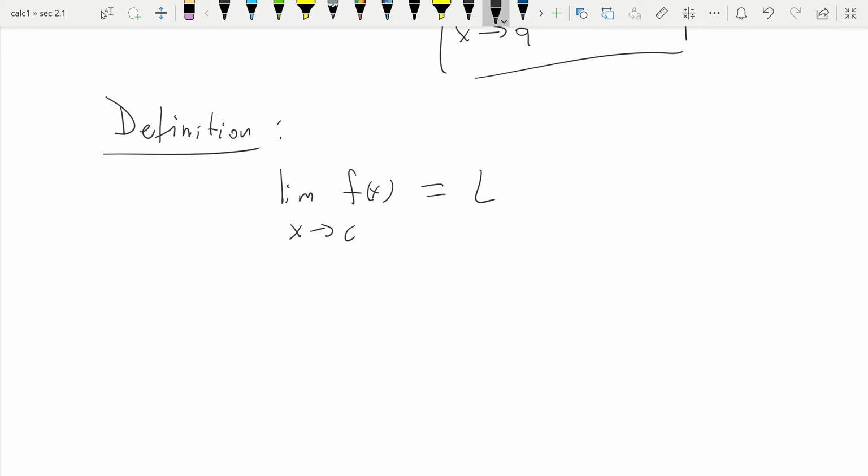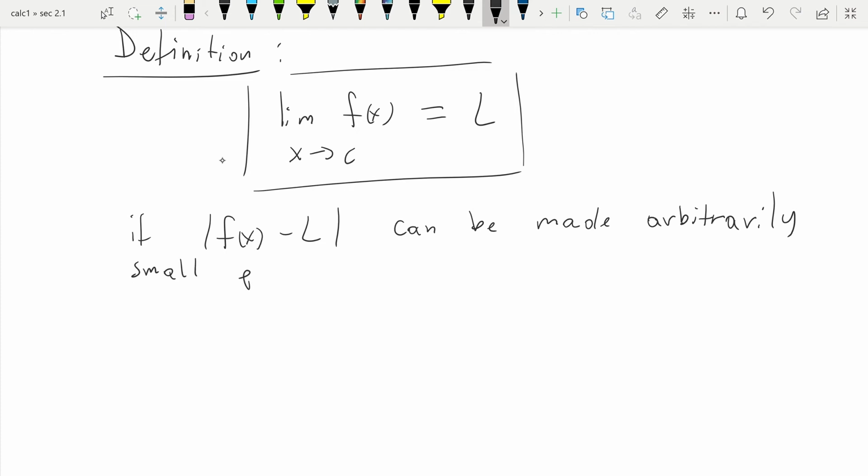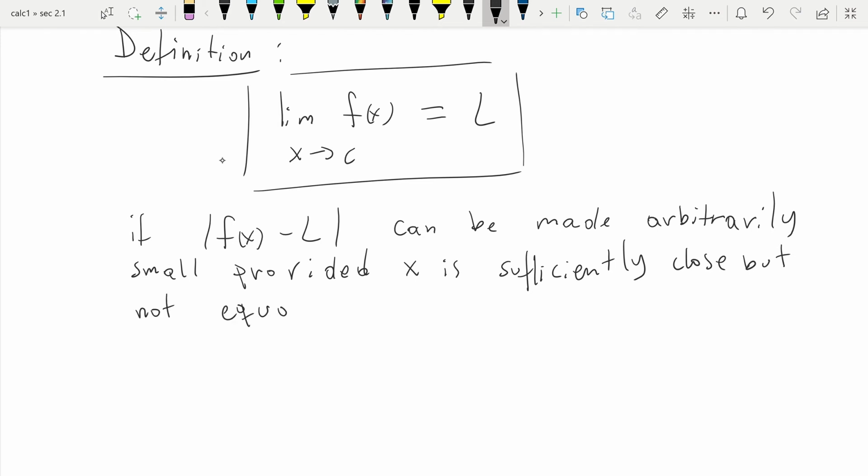The limit of f of x as x approaches c is equal to L. We write this if f of x minus L can be made arbitrarily small, provided x is sufficiently close but not equal to c.